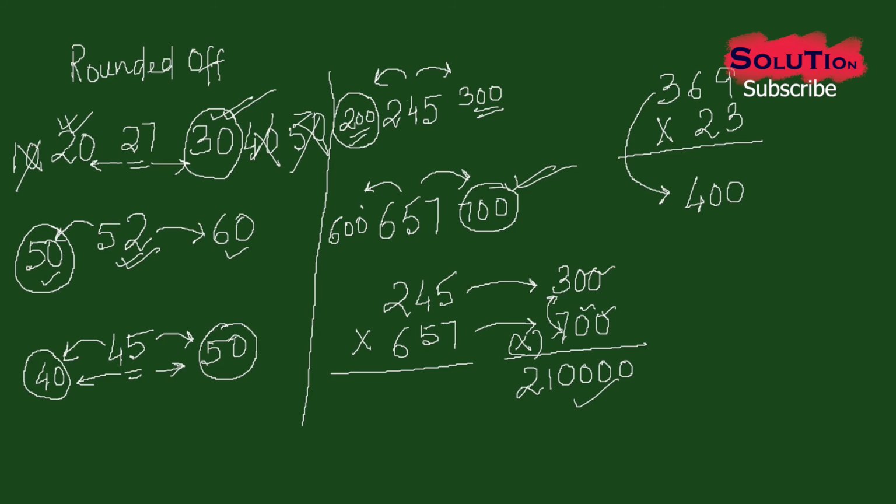And 23, if I round off, it will be 20. This is how I will do the round off, and once I have completed this, multiplication becomes very easy. 4 and 2 if I multiply, it will be 8, and then I have to count all the zeros on the left side. We have 2 zeros and 1, so 3 zeros, so the answer will be 8 and 3 zeros. This is my answer.